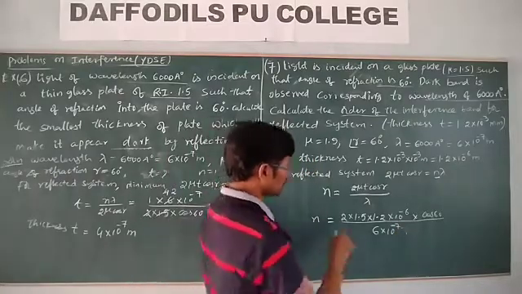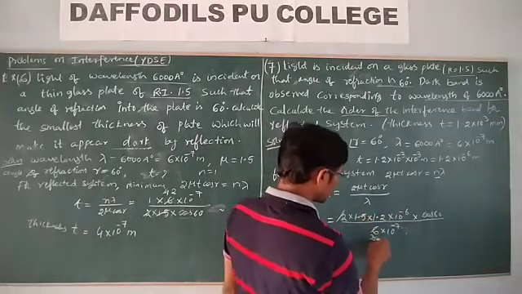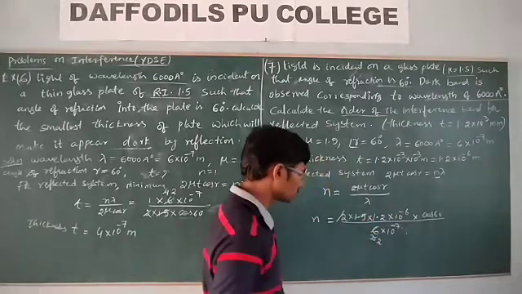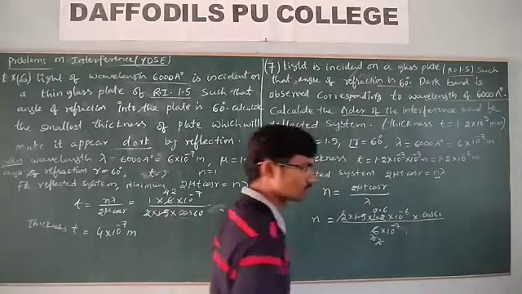Now 2 into 1.5 is 3, and 3 into 1.2 is 3.6, divided by 6 it is 0.6.